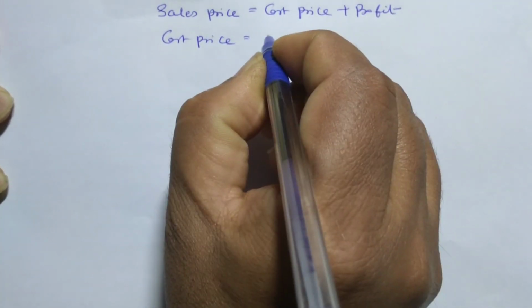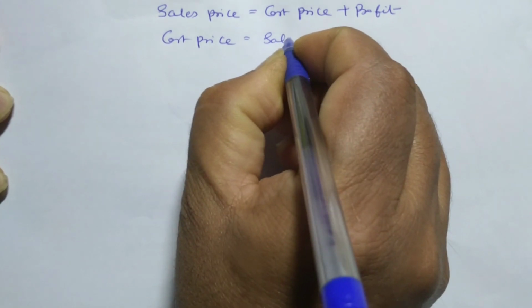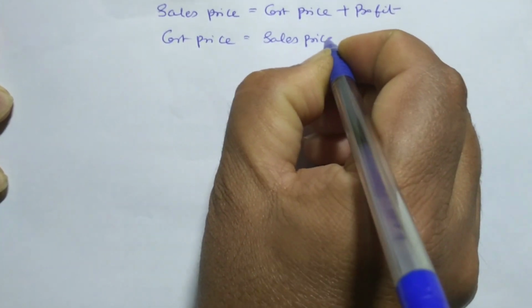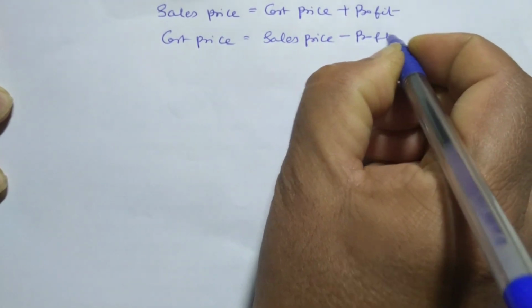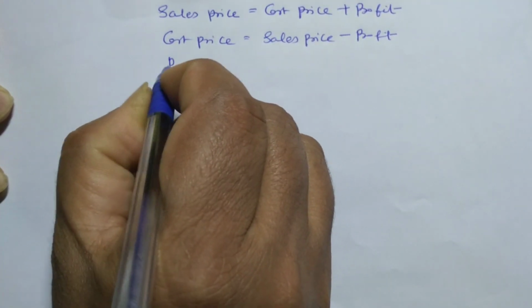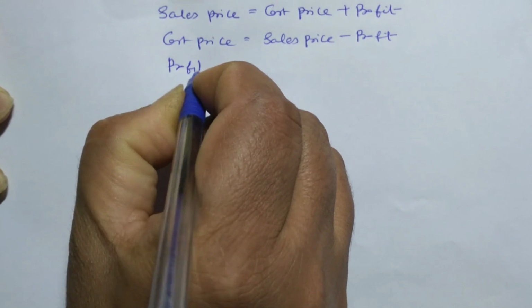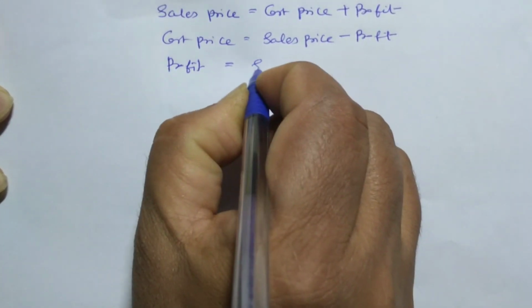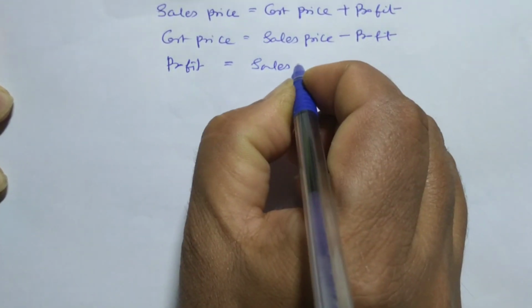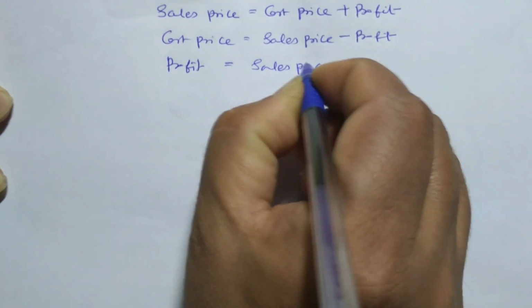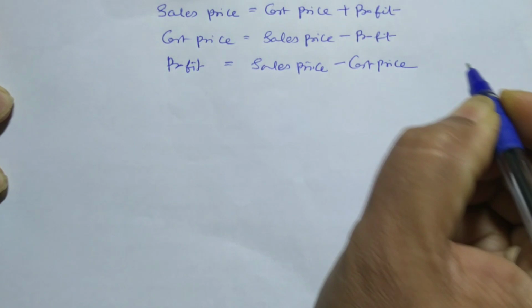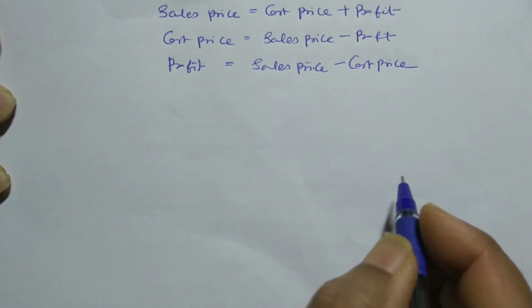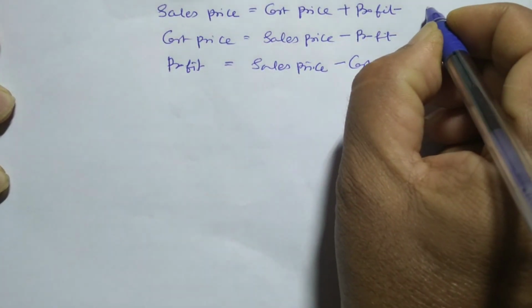Cost price is equal to sales price minus profit. Profit is equal to sales price minus cost price.